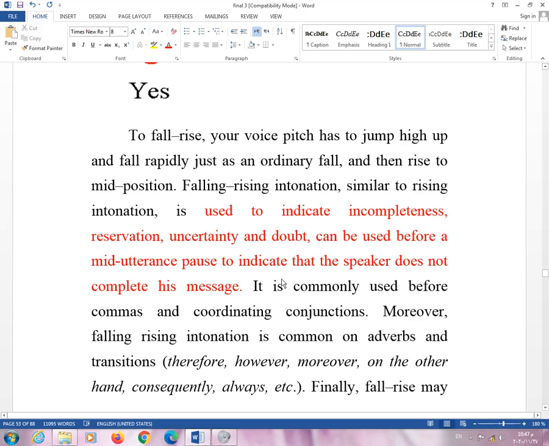And we use it also to indicate mid-utterance pause and to show that the speaker hasn't finished his message yet. This tone also is used before commas, coordinating conjunctions, and it's used on adverbs and transitions such as therefore, however, moreover, on the other hand, consequently, always, etc. Okay.